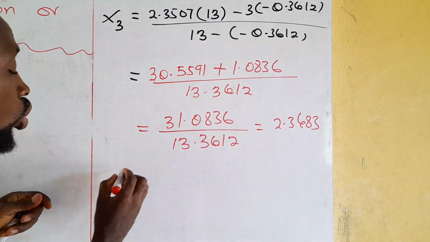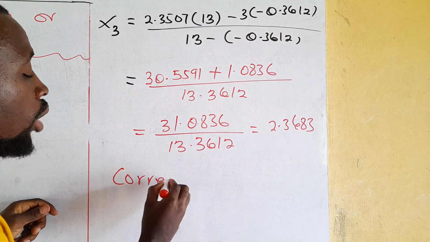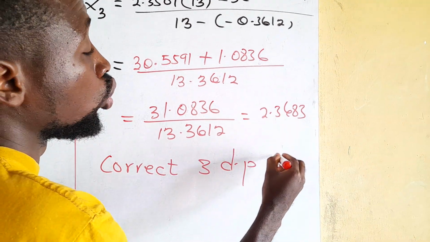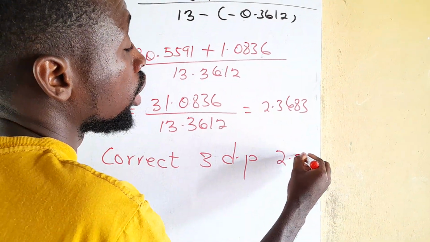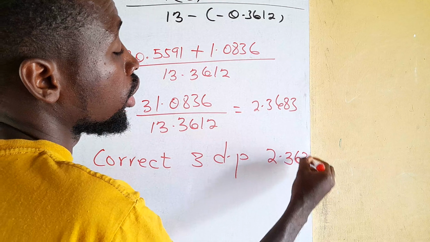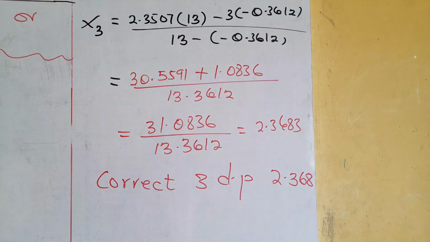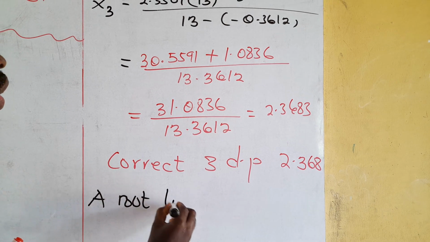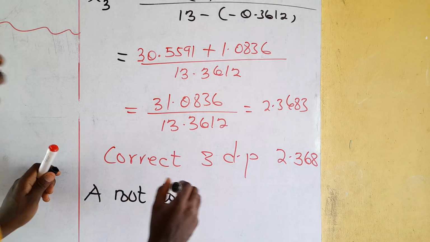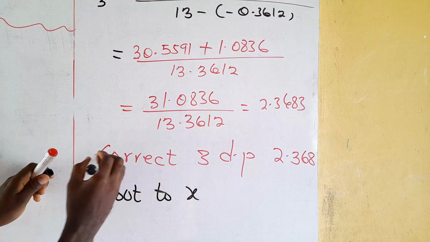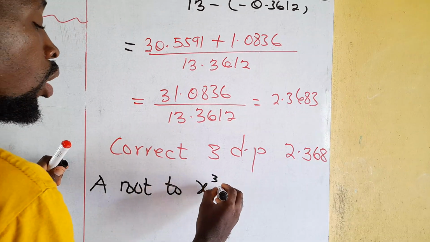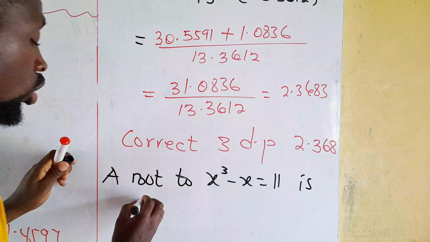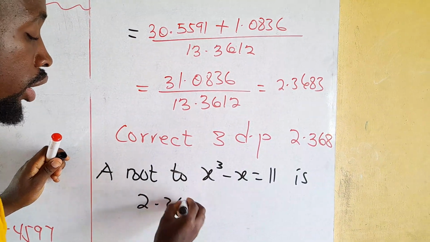But we correct this to 3 decimal places. So correct to 3 decimal places, the root will be 2.368. So we said that a root to our polynomial function, which is x cubed minus x equal to 11, is 2.368.